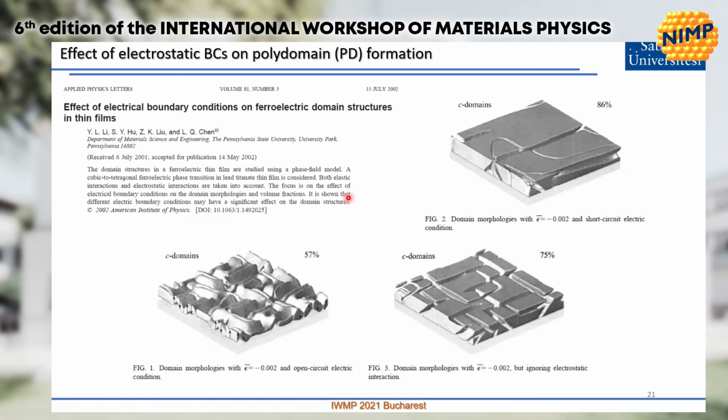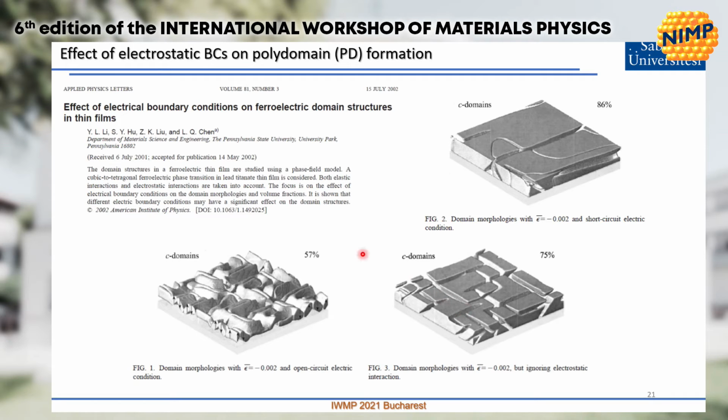Now, one thing that I got interested in was the effect of electrostatic boundary condition on polydomain formation. I did not really know if there was some detailed systematic work on this, but one paper that I could find was from 2002 from the group of Longqing Chen. They looked into two extreme cases, one with the short circuit and the other with a vacuum on top and bottom of a slab.